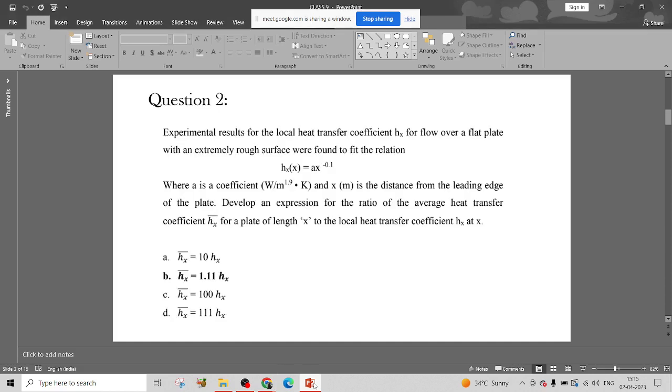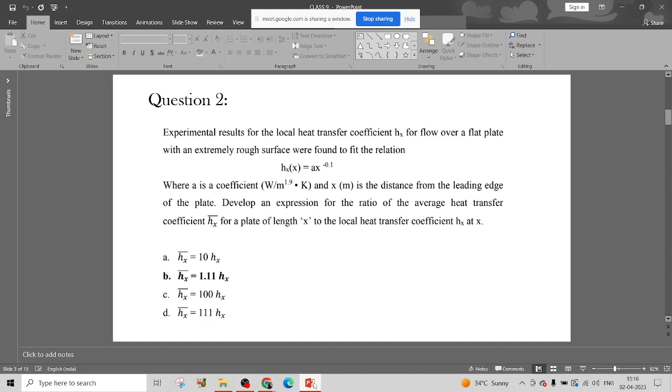Experimental result for the local heat transfer coefficient is given for a flow over a flat plate with an extremely rough surface. Its relation is given, where A is the coefficient and x is the distance from the leading edge of the plate. Develop an expression for the ratio of the average heat transfer coefficient, hx bar, for a plate of length x to the local heat transfer coefficient, hx at x.